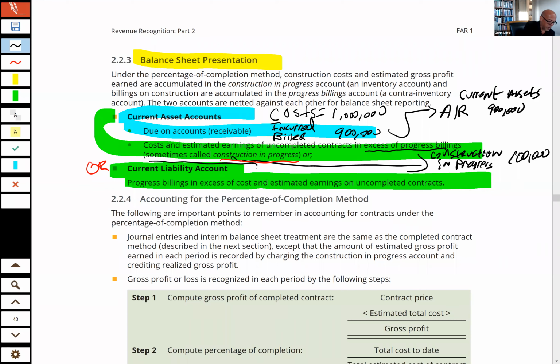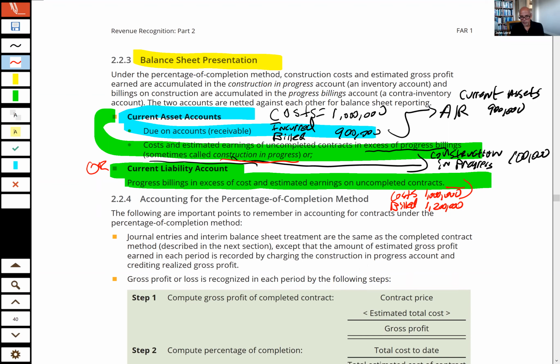Now, the other scenario that they're talking about here, let's just say our costs are $1 million. But in this scenario, now we have billed 1.2.